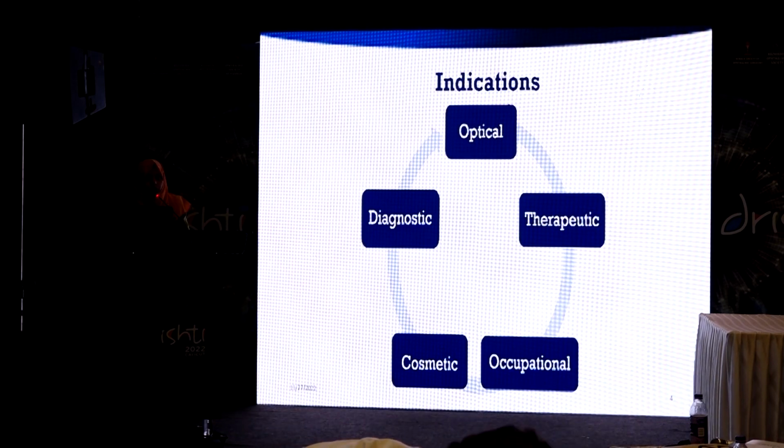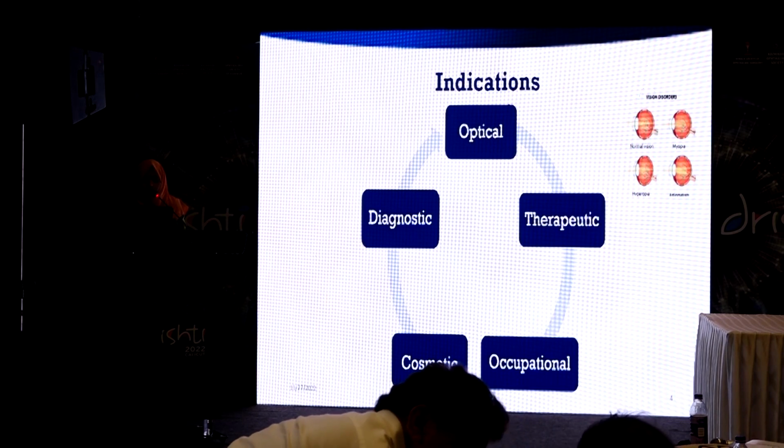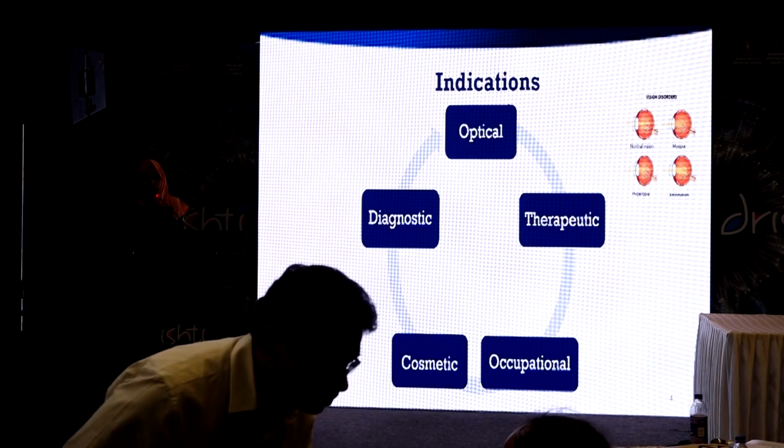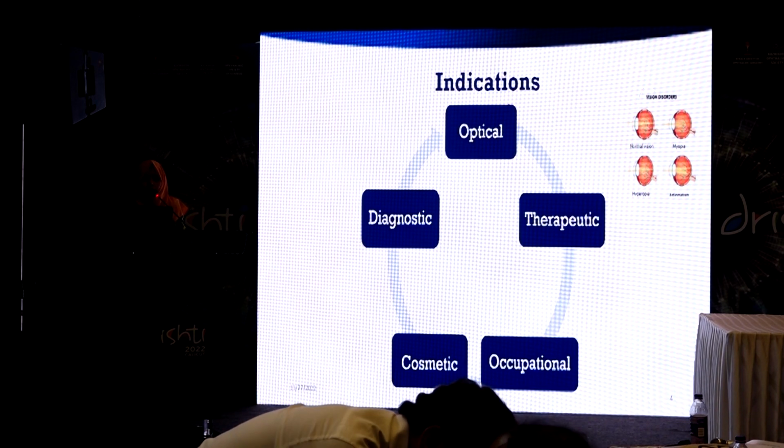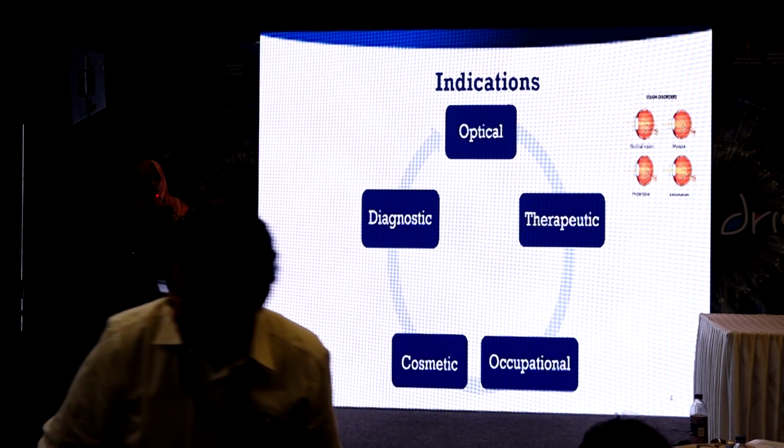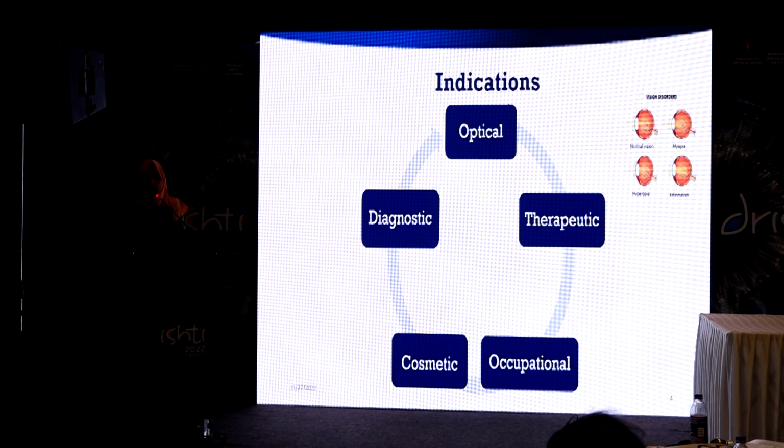The indications, that is, to whom we can give contact lenses: optical, mainly for the refractive error corrections of myopia, hypermetropia, astigmatism, uniocular aphakia, and also irregular astigmatism and keratoconus.